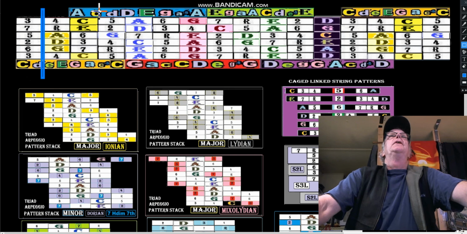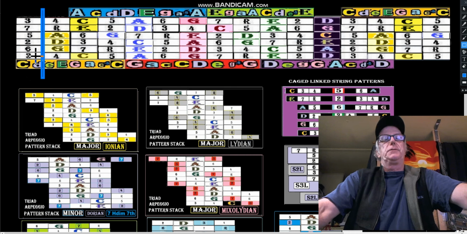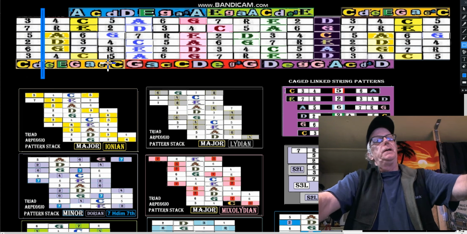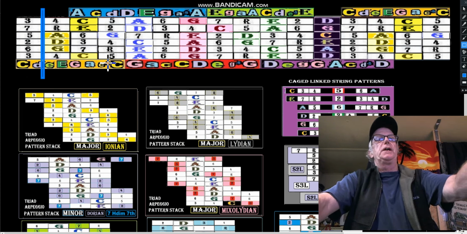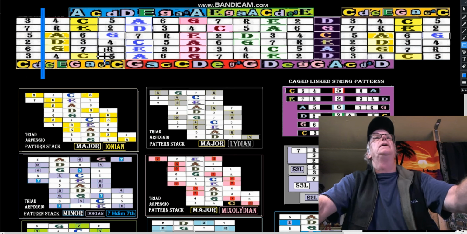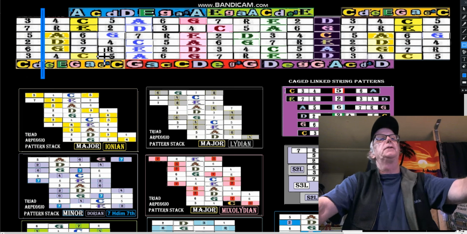So this is kind of a simplified version of what we're looking at. This would be the E, A. This would be in the key of C. And CAGED, believe it or not, is actually a descending pentatonic C scale. Pentatonic means you leave out the fourth, you leave out the seventh, and you're left with C, A, G, E, D. That's CAGED.